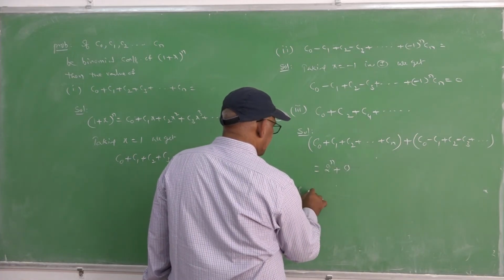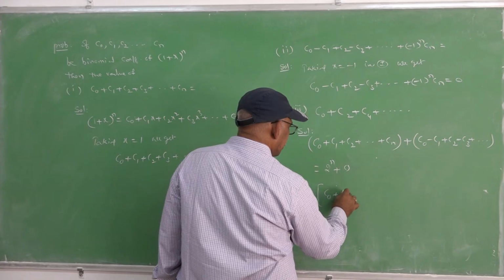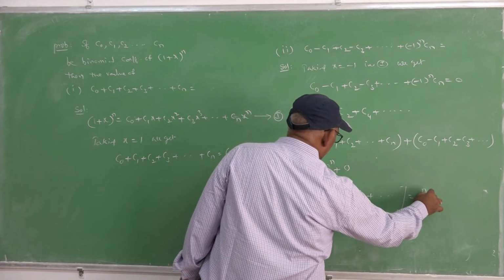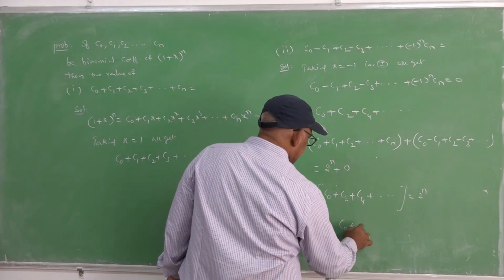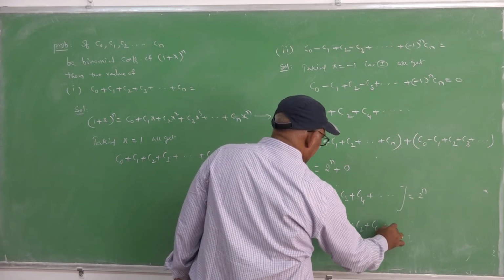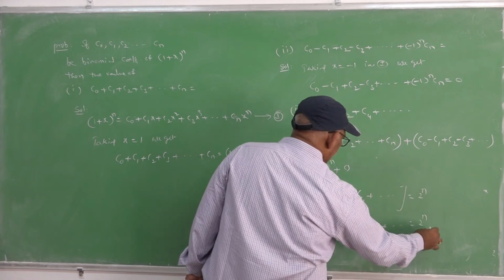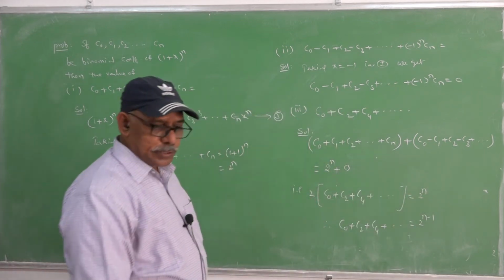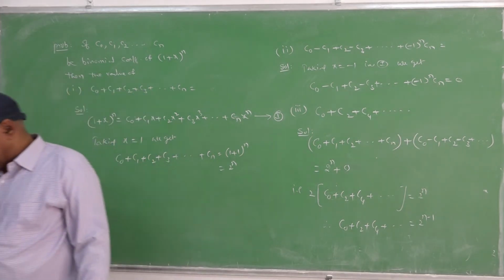So that gives us 2 into C0 plus C2 plus C4 and so on is 2 power n. Hence, sum of all even suffixed coefficients is 2 power n minus 1, because 2 power n by 2 gives us 2 power n minus 1.